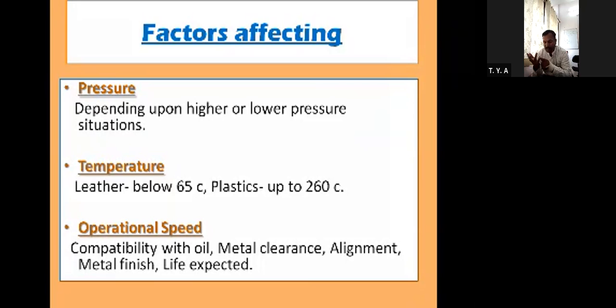Factors like compatibility with the hydraulic oil, then metal clearance, alignment, metal finish, and type of motion, that means whether the motion is reciprocating, that is linear, or rotary. Then contamination in the oil, depending on that we should also select the seal. And the last is the life expected, up to what period of time we need to use that sealing. Based on that also we should choose the proper sealing.